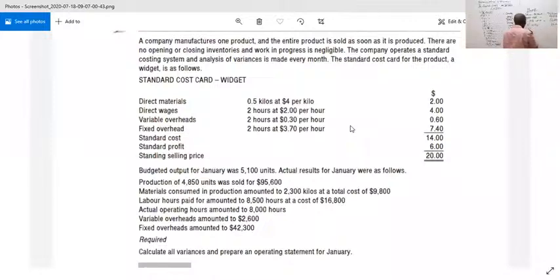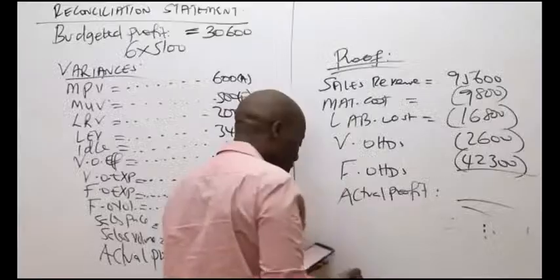And then fixed overheads, 42,300. So please subtract these from the revenue to get the actual profit from the actual information.